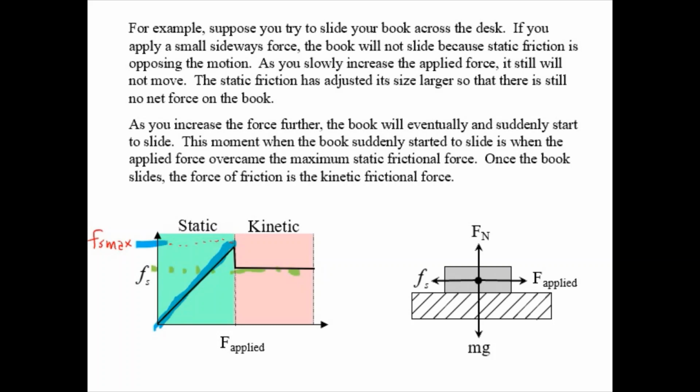So that would be a typical curve, the kind of thing we'd see if we graphed the amount of friction force versus the applied force. As I push harder and harder to the right, my friction force will go up, holding steady with me, balancing me, keeping the object from moving. And once I overcome it, the book lets loose and starts to slide, and then I have a nice steady amount of friction, which is typically a little bit less than the peak amount there.